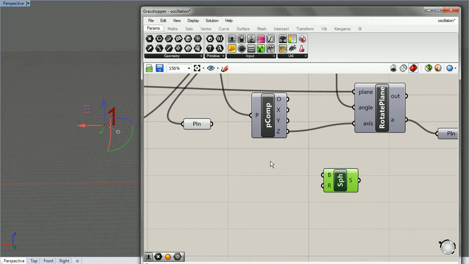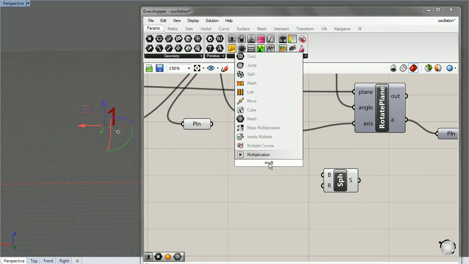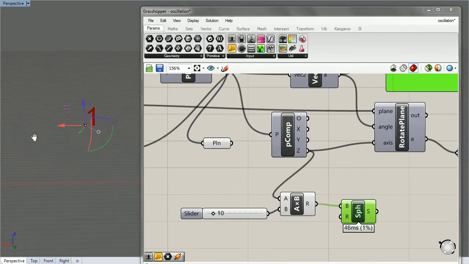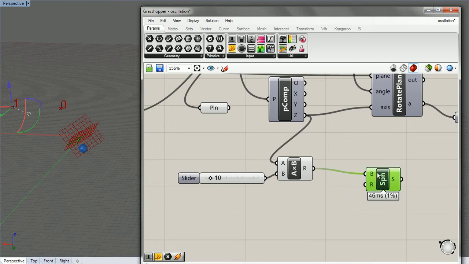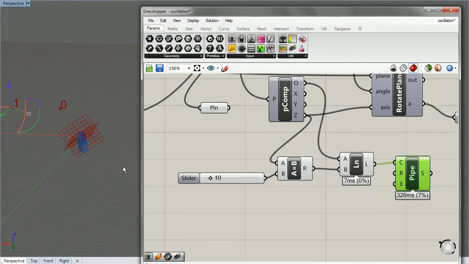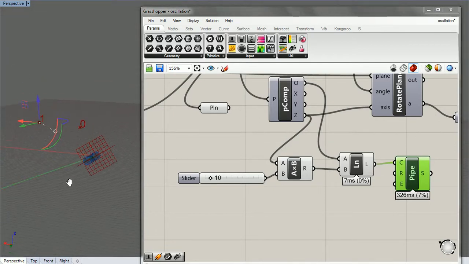The z-axis, we need to multiply that by, let's say 50, somewhere 10. Okay, so this is the axis that it's going to rotate around.